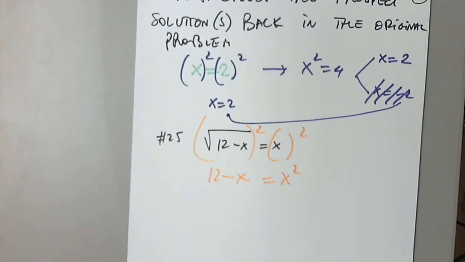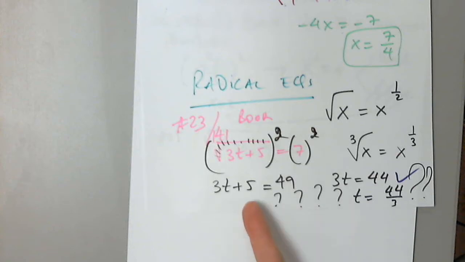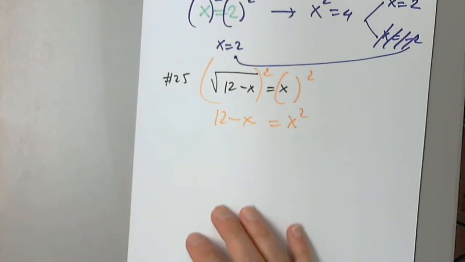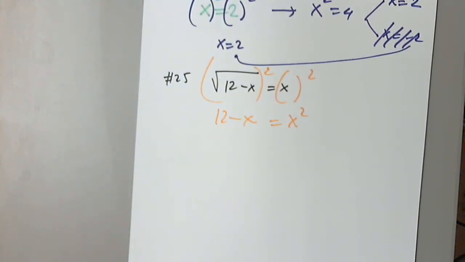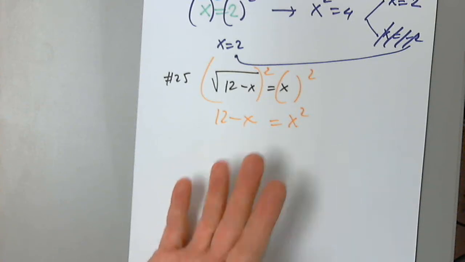Good. Now, in the previous problem, the radical equation collapsed into what type of equation? Indeed, awesome, linear. But now this radical equation, after squaring both sides, collapsed into a, how many solutions do we have to write? 2. Very good.